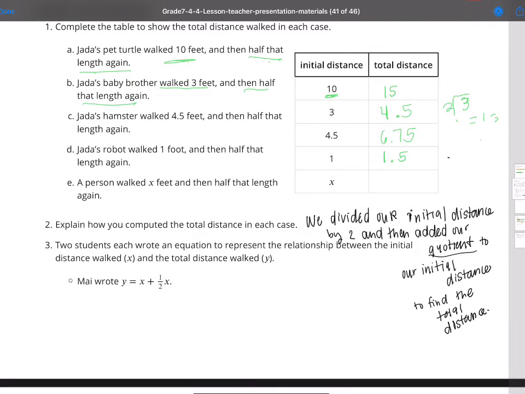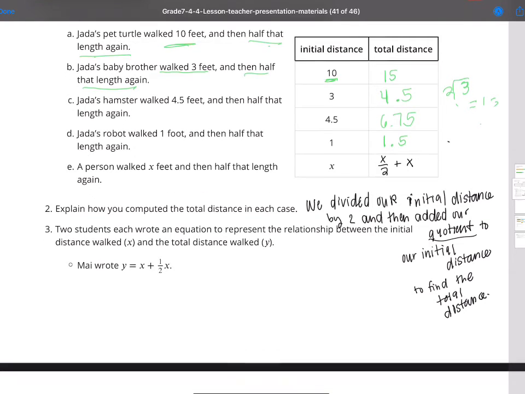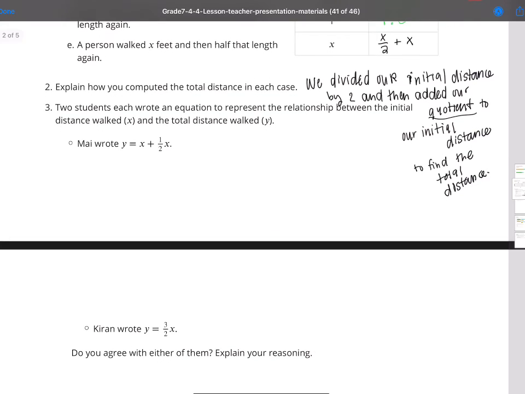What we did was take half of the x. To figure out the total distance, we took x divided by 2, correct? And then we added it to our initial. Remember, x is the initial distance. Now, my equation looks different than both of theirs.